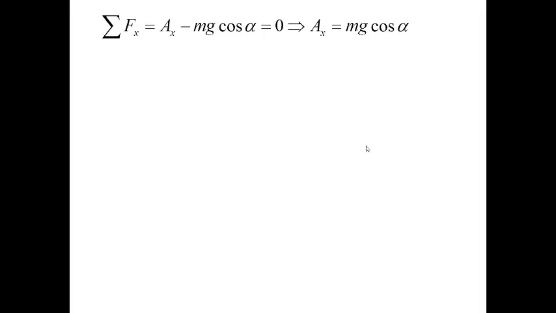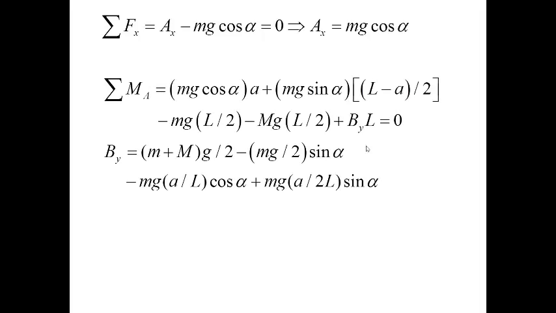Next, I will proceed with the moment equation. The reason for that is that it involves only one unknown, By, and I can solve very quickly for this. And let me look at various terms involving this expression. The first term is simply the reaction to the mass. The second term is associated with the counterweight.